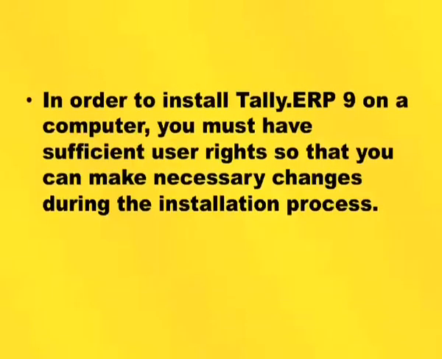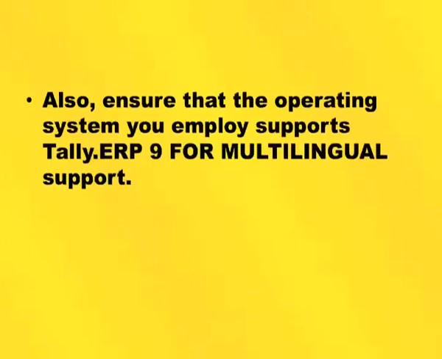In order to install Tally.ERP 9 on a computer, you must have sufficient user rights so that you can make necessary changes during the installation process. Also ensure that the operating system you employ supports Tally.ERP 9 multilingual support.